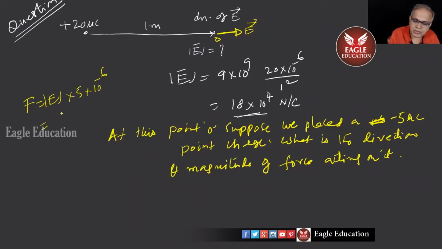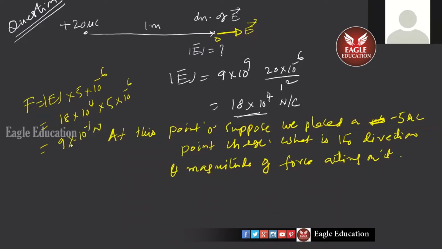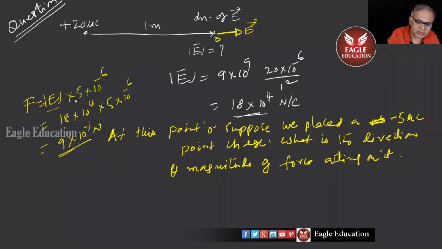So mod E is 18 into 10 to the power 4 into 5 into 10 to the power minus 6. This is how much? 9 into 10 to the power minus 1. So 0.9. Don't worry about the answer. Answer will follow. I want you to do it like this: mod E into Q. Then you are catching what you are saying as a concept.